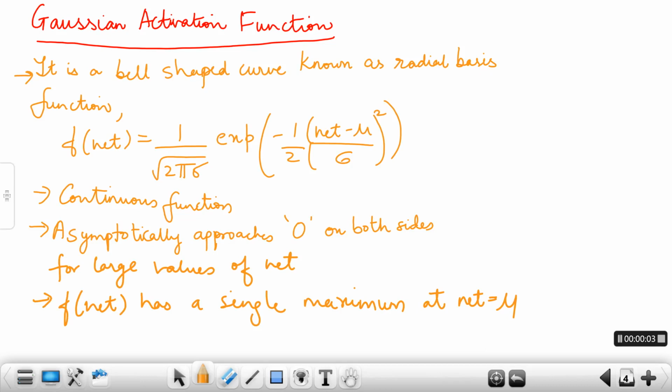Next function is the Gaussian activation function. You all would have studied Gaussian functions previously in different subjects. The Gaussian function is a bell-shaped curve, and it is also called the radial basis function.